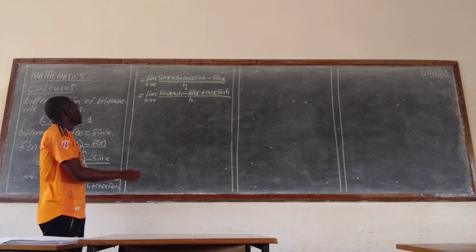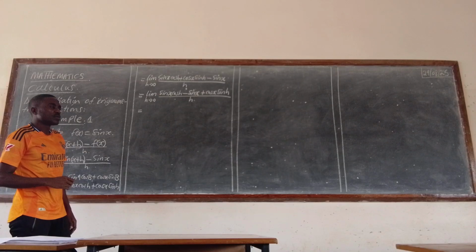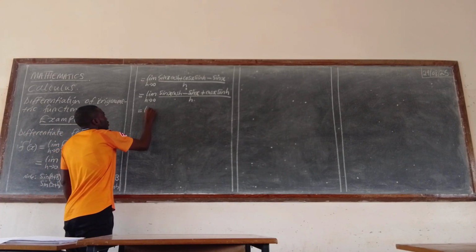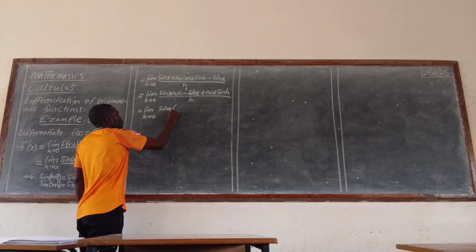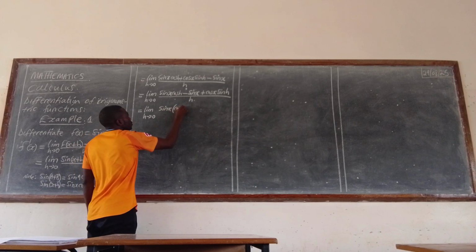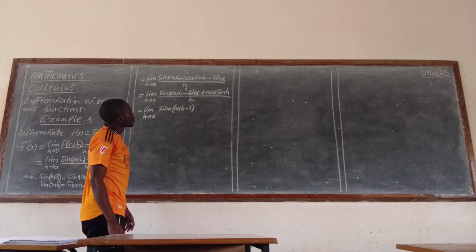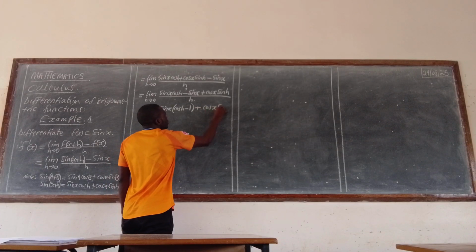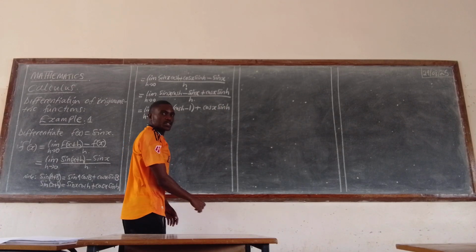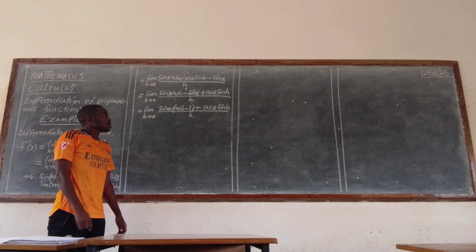So we have the limit as h approaches 0 of sine x, open bracket, cos h minus 1, plus cos x sine h, everything divided by h, like that.